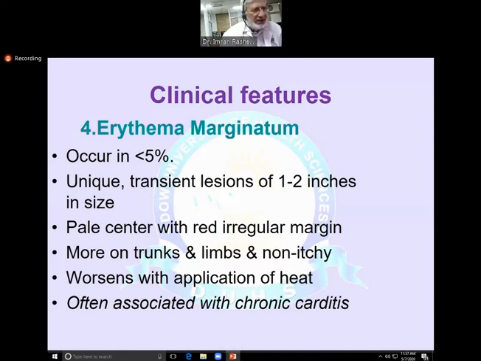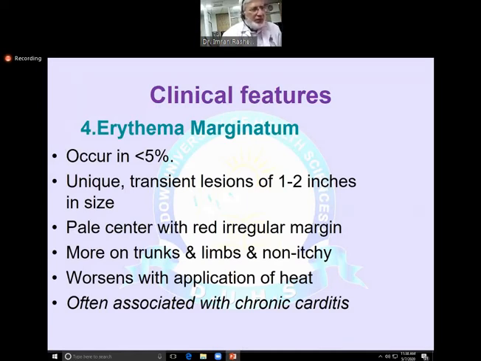And it worsens with application of heat. And it is often associated with chronic carditis. So it is seen in only less than 5% of patients, and it is a non-itchy rash where there is a pale center and red irregular margins.